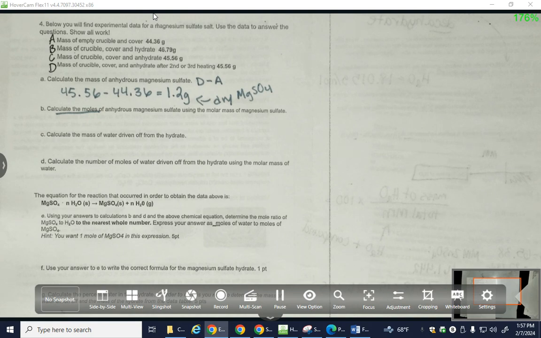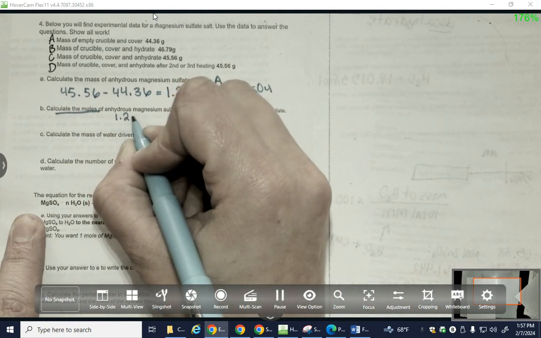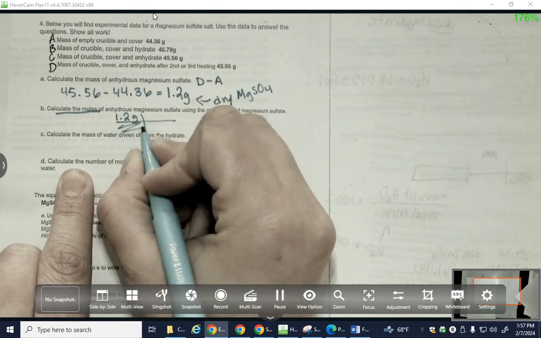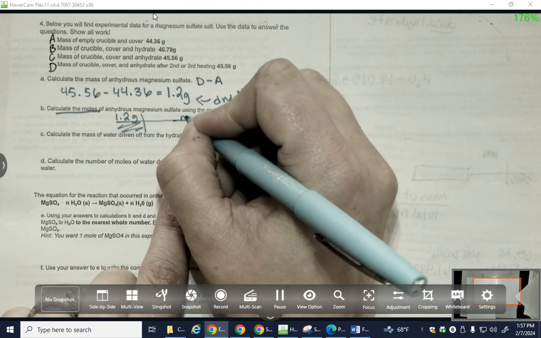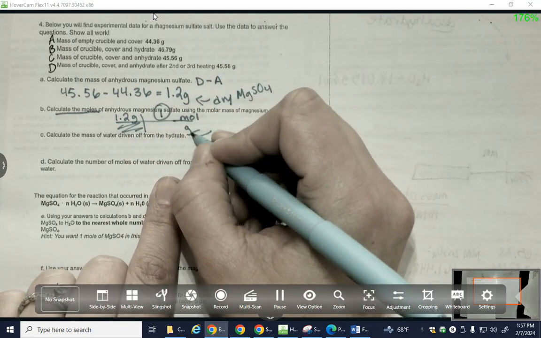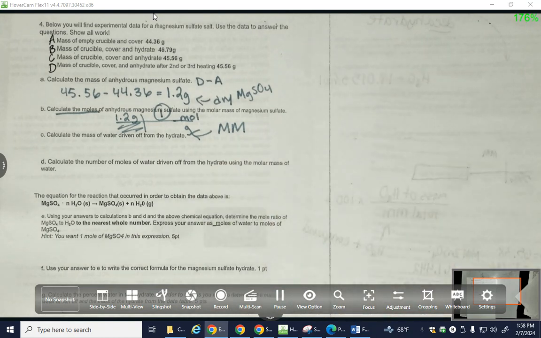It's dimensional analysis. We're going to start with what we've got. So I have my 1.2 grams of magnesium sulfate, right? I'm going to bring grams down to the right, and I'm going to have moles on top. This is where we have our guaranteed 1, and this is where we put our molar mass. So I'm going to look and figure out what magnesium sulfate is.